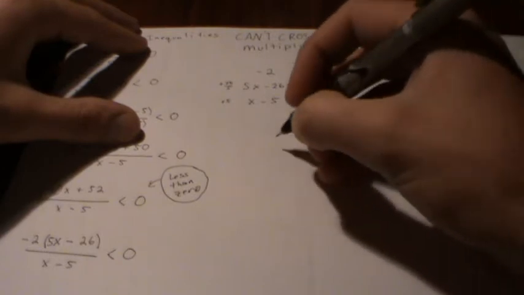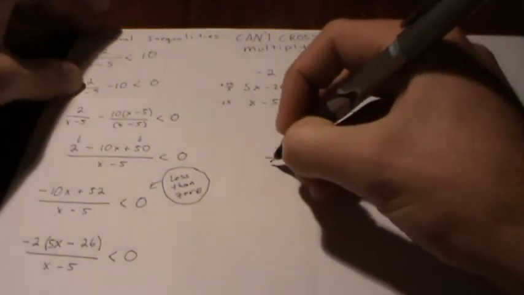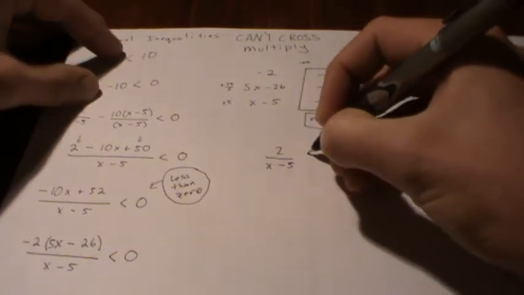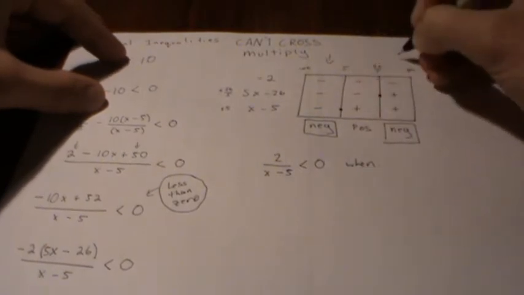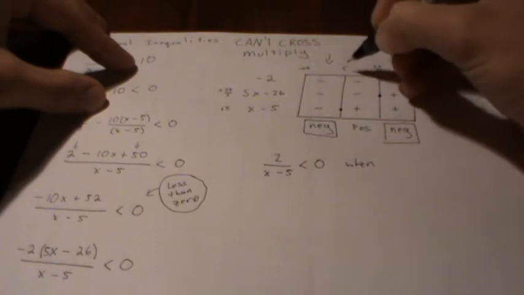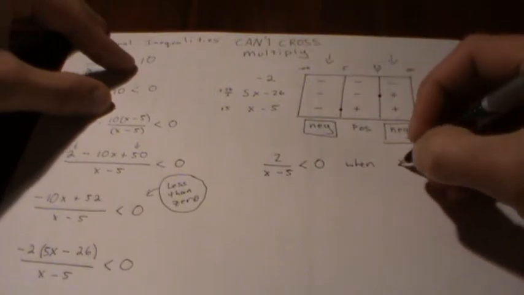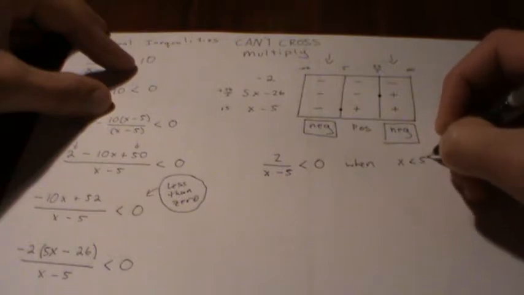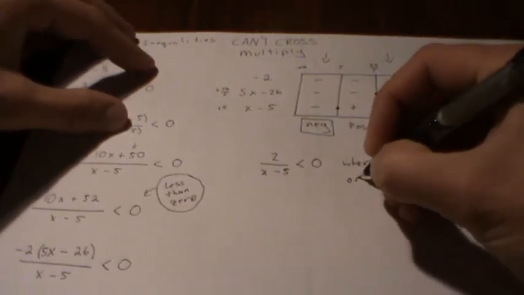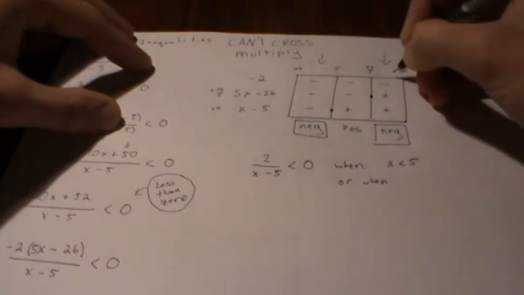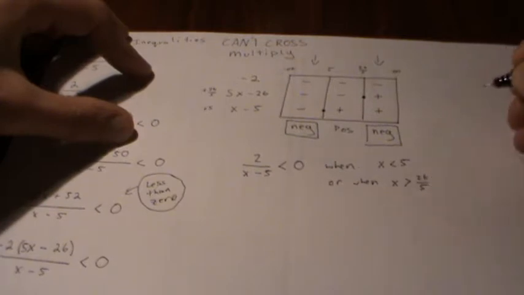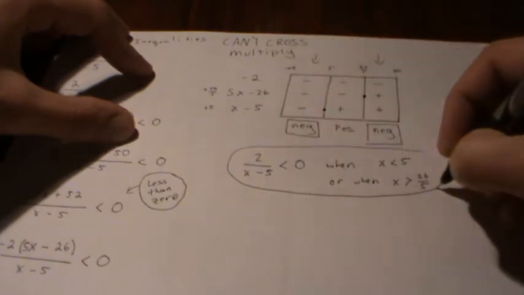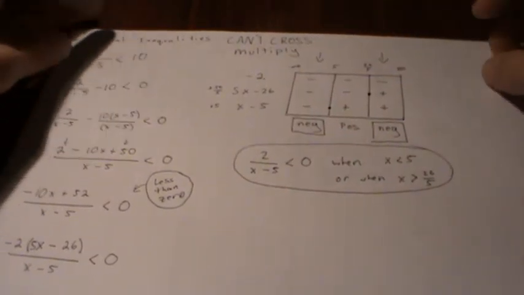And so the solution, we're actually done. 2x over x minus 5 is less than 10 when you use this interval and this interval: when x is less than 5, or when x is greater than 26/5. And that is the result.